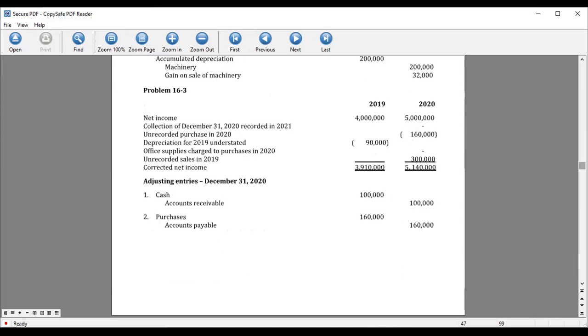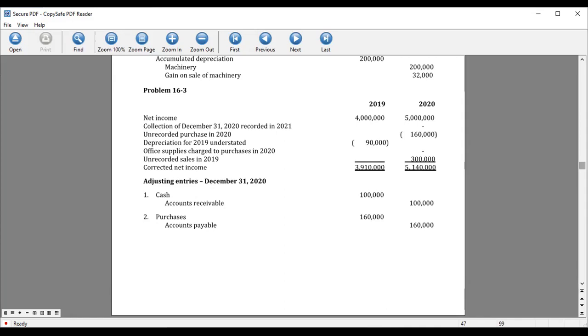Then we go to 16-3. Again, we have the net income for 2019 and 2020. Then next, a collection of 100,000 from a customer was received on December 29, 2020, but not recorded until January 4, 2021. So, no entry was made in 2020. Collection should be recorded in 2020 and not in 2021.